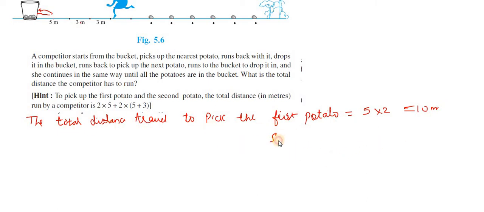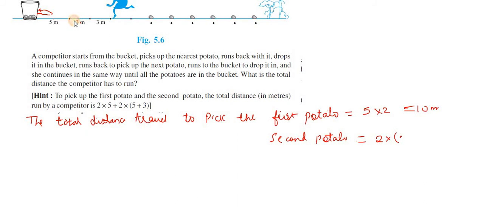To the second potato, how much distance does she have to travel? So that is 5 meters constant, two times she needs to travel. So 2 into, already 5 is there, that 5 meter constant.